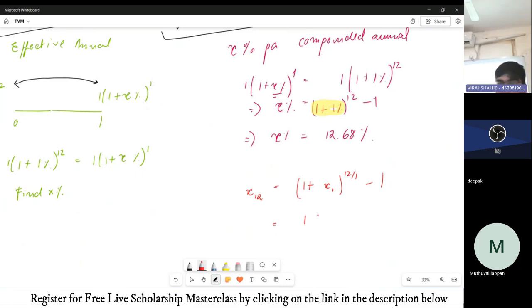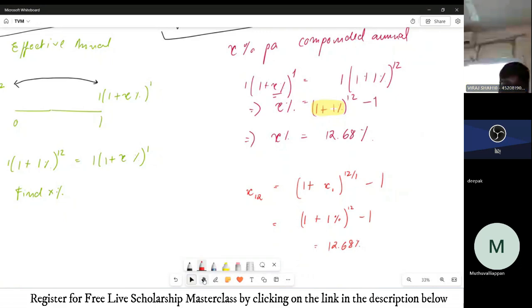Applying this, 1 plus 1%. Don't make the mistake of putting 12 here. It is always the effective rate. Whatever calculation you do, always calculate on the effective rate, to the power 12 minus 1, which will give you the same answer as 12.68%, just that you have done it faster now.